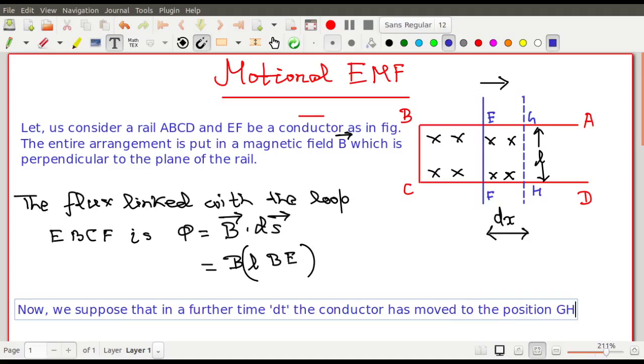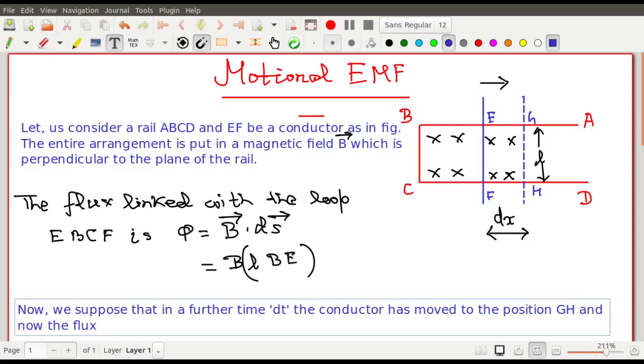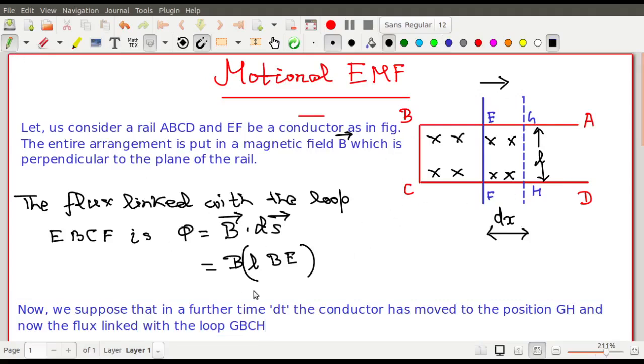Okay, from EF it has moved to the position GH, and now the flux linked with the loop GBCH. Now this is the loop GBCH. What is the flux linked with the loop GBCH?